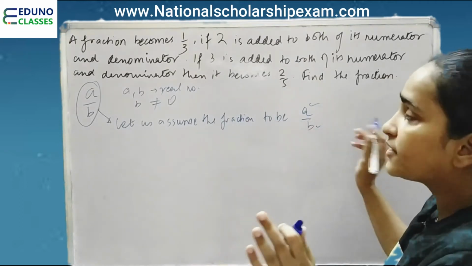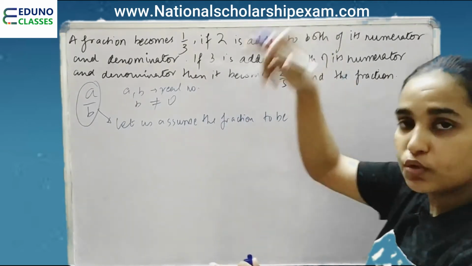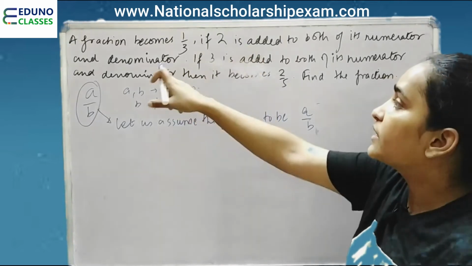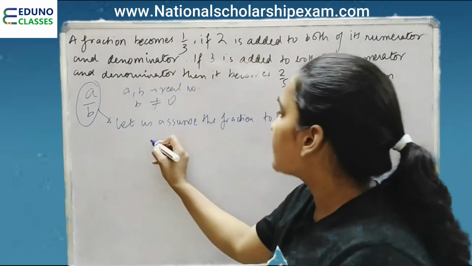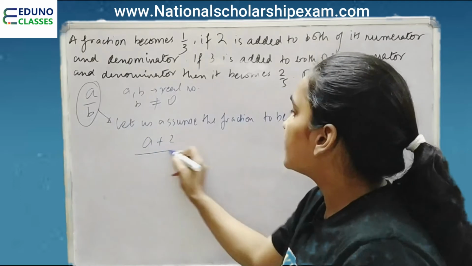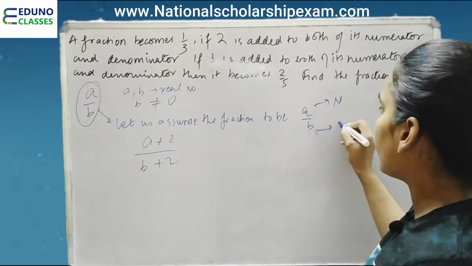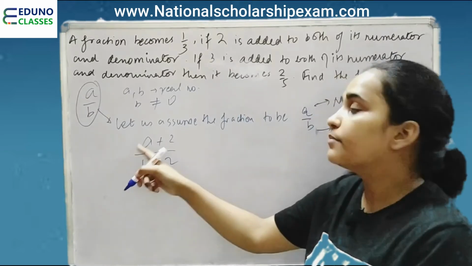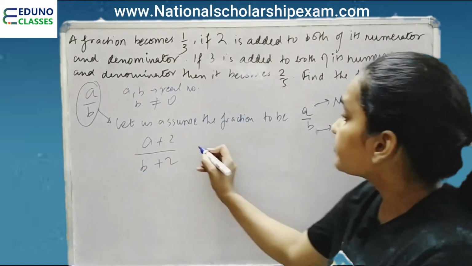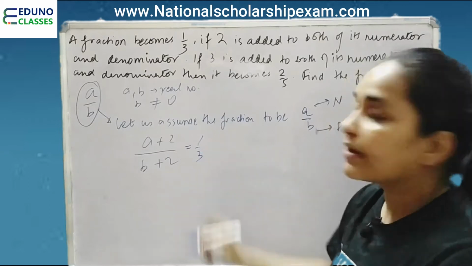This is the numerator, this is the denominator, and if we add 2 to both, the fraction becomes 1 by 3. So let us add 2 to both the numerator and denominator. a is the numerator and b is the denominator. I have added 2 to both, and it says it becomes 1 by 3.